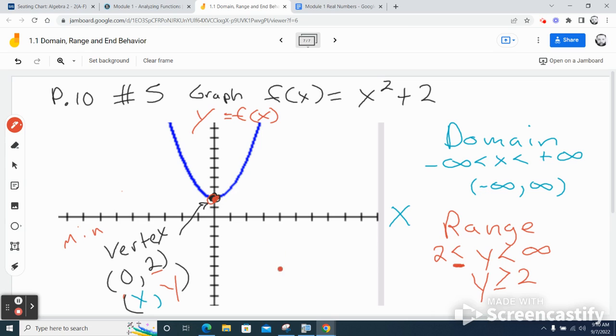If I had this graph and it had an open circle at that point, it wouldn't have the equals symbol. The other thing is for infinity and negative infinity, because it's not really a number, it's a concept, we don't say equals. We can't include infinity or negative infinity because they're not actually numbers. We're just saying it goes on forever in the negative direction, and goes on forever in the positive direction.